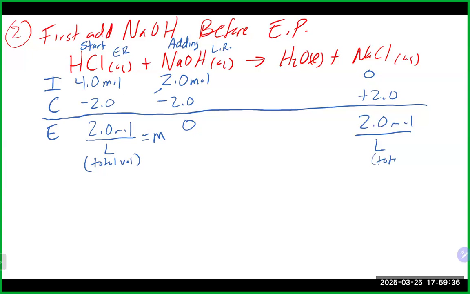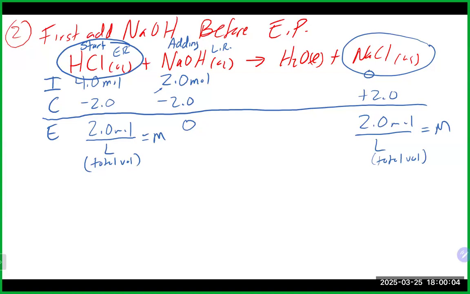It's just a really good practice because then you'll usually be in the right units that you need and you won't hopefully get the answer wrong. Now, at this point, if you're not sure what's going on in your beaker, you could use your ice table to help you. I have some sodium chloride left over and I have some HCl left over. Is that a buffer, by the way?